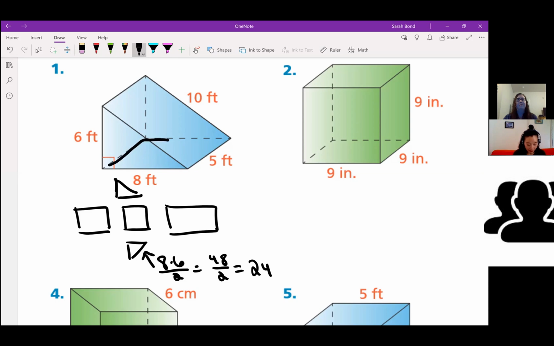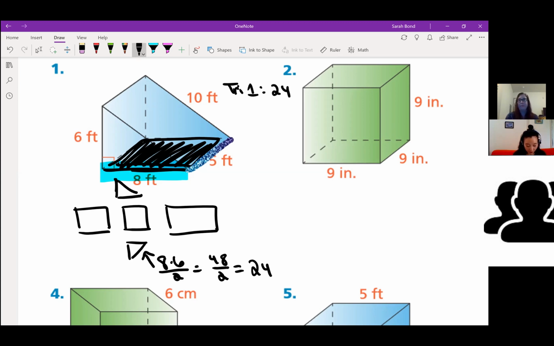You look at the bottom rectangle here. Ignore all of the other sides. What is this length? What is this length? So if you wanted to say like triangle 1 is 24, triangle 2 is also going to be 24.